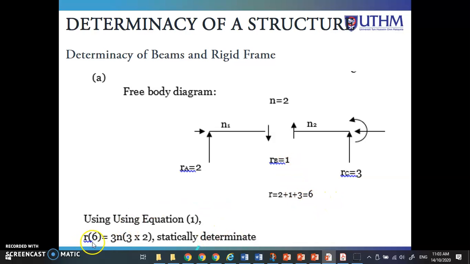Okay, so tadi kita kata rumusnya adalah R sama dengan ataupun lebih besar atau lebih kecil daripada 3N. So kalau in this case R is 6 and 3N, 3 times 2 is equal 6. So it is called as a statically determinate.